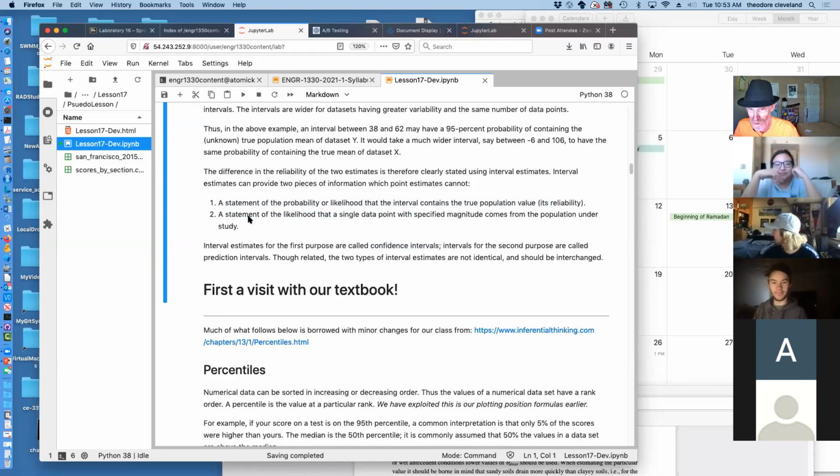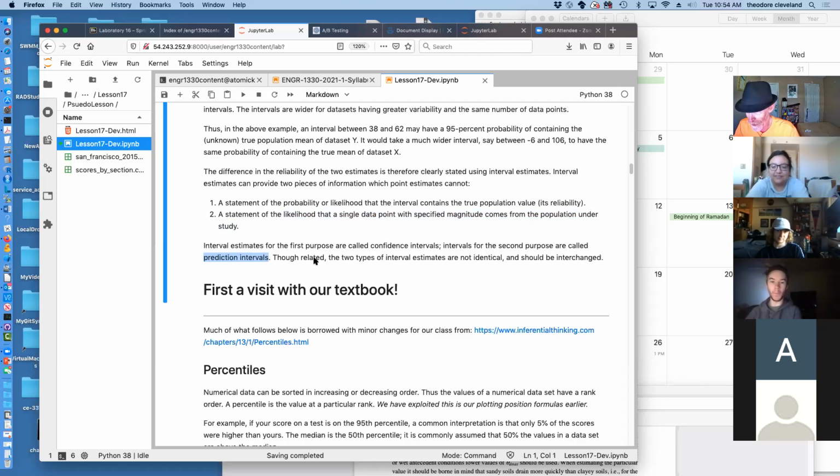If, on the other hand, we're making the interval estimate to state the probability that a data point with a particular magnitude comes from the population under study, that type of estimate is called a prediction interval. Both are used quite a bit in the world of prediction engines and regression modeling and stuff that's coming up in your near future.